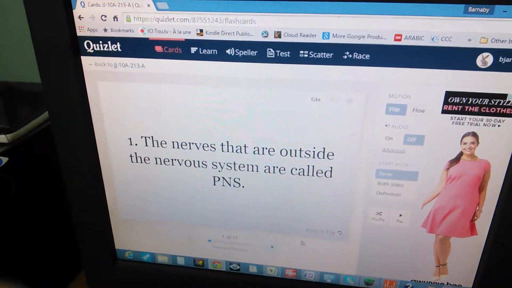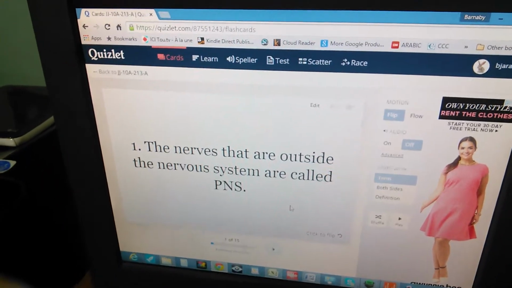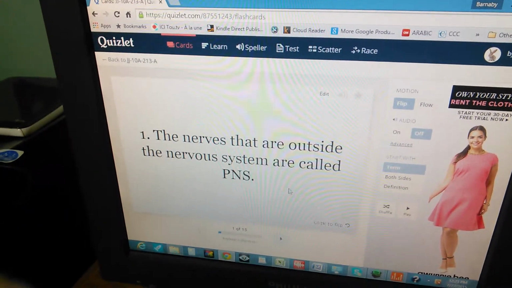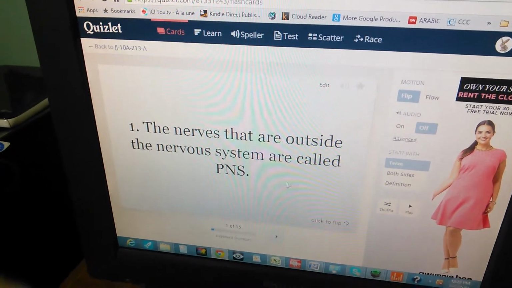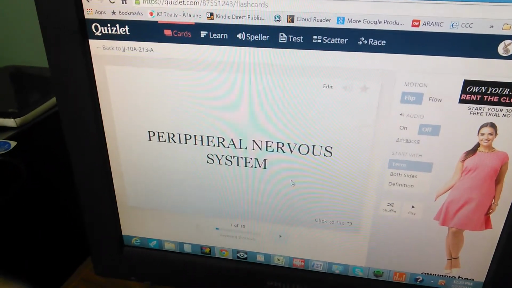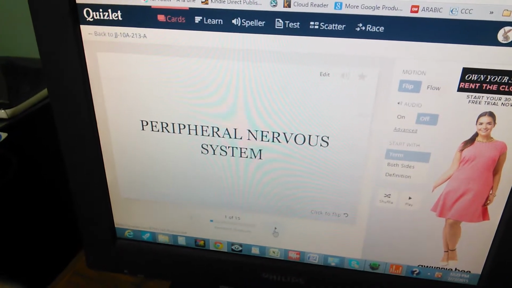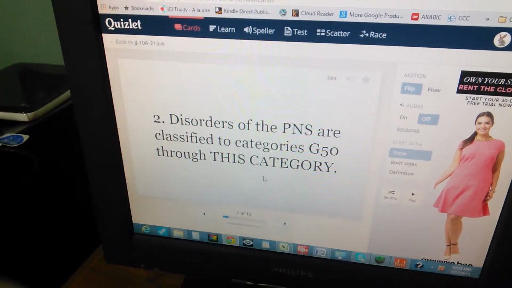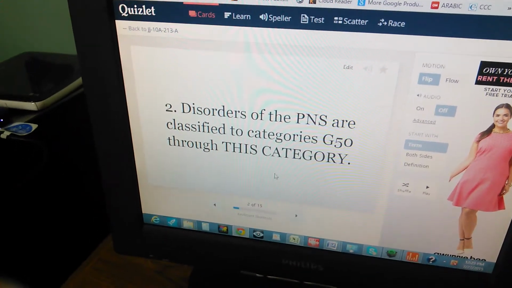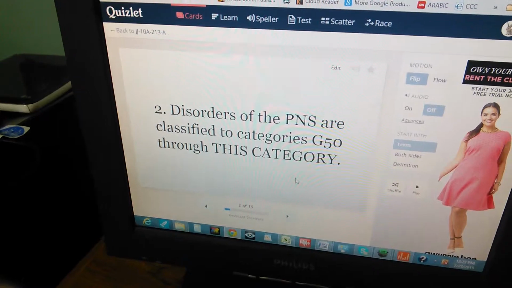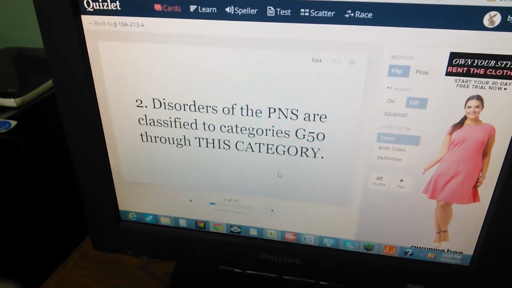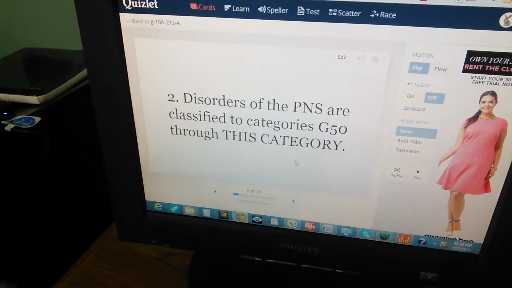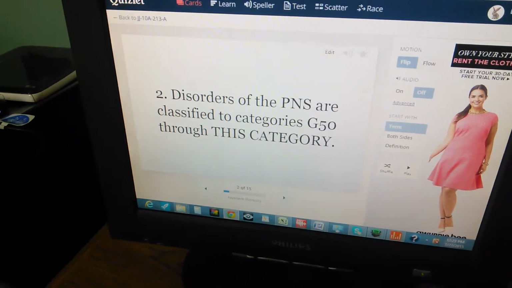1. The nerves that are outside the nervous system, or the central nervous system, are called PNS. Peripheral nervous system. Okay. Disorders of the PNS are classified to categories G50 through this category. We're talking about ICD-10 CM. So it starts in G50 and it goes through this category. Which category?